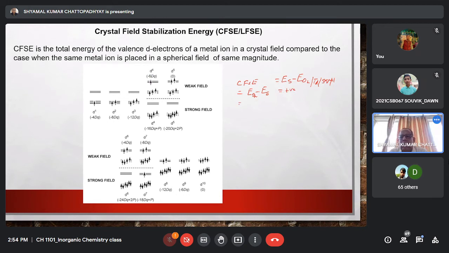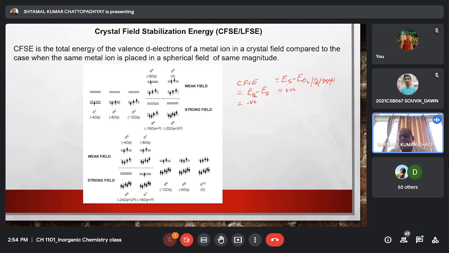And here the value is negative. In this case, if I take this kind of subtraction, then the more negative the value, the more is the crystal field stabilization. But modern books write crystal field stabilization energy in a positive sense.